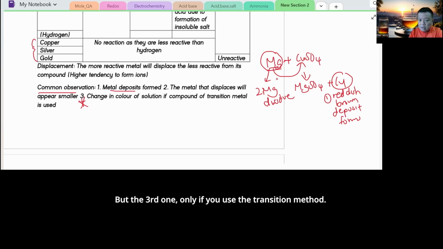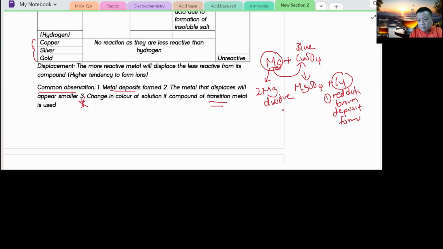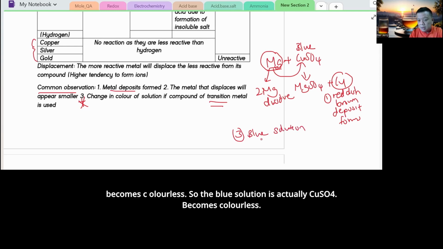But the third one only happens if you use a transition metal compound. So in this case, we can say the blue solution becomes colorless. We know that the blue solution is actually copper(II) sulfate.